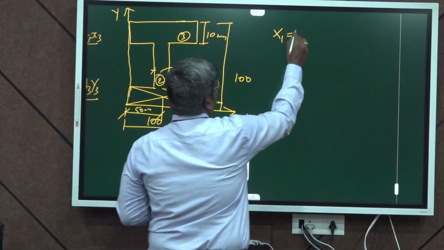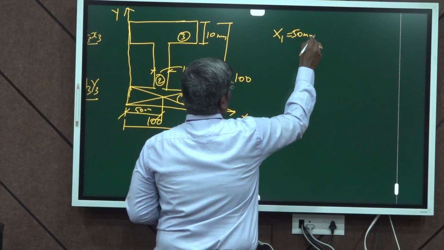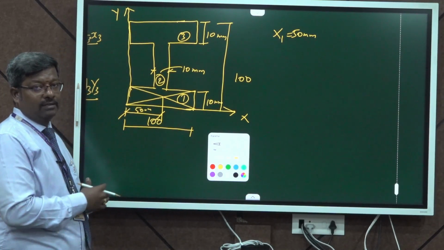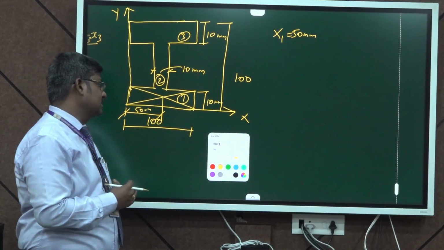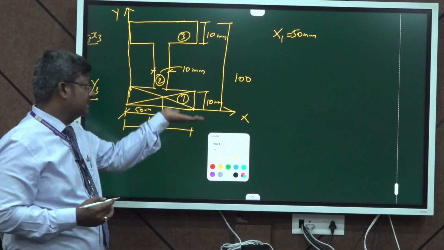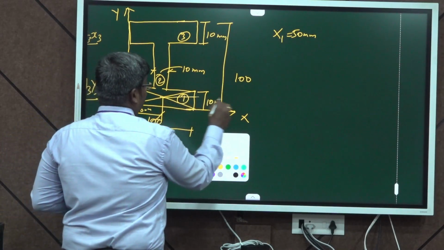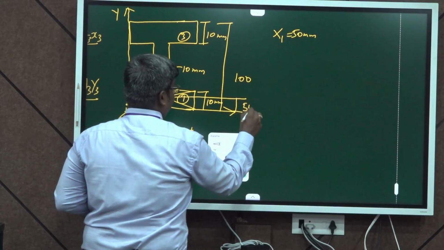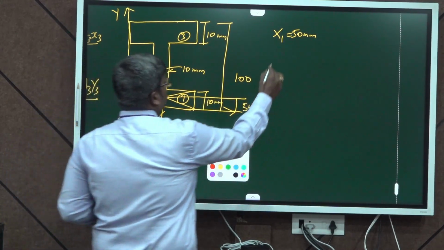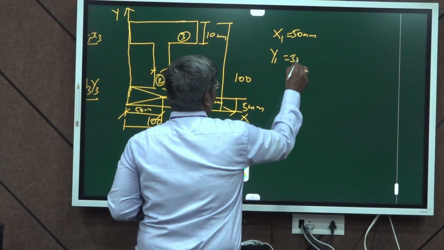So, x1 is 50 mm. Likewise, we need to find the y1 value, the center of gravity about the y axis with respect to the bottom reference axis x. This will be 5 mm, that is half of 10 mm. So, y1 will be 5 mm.